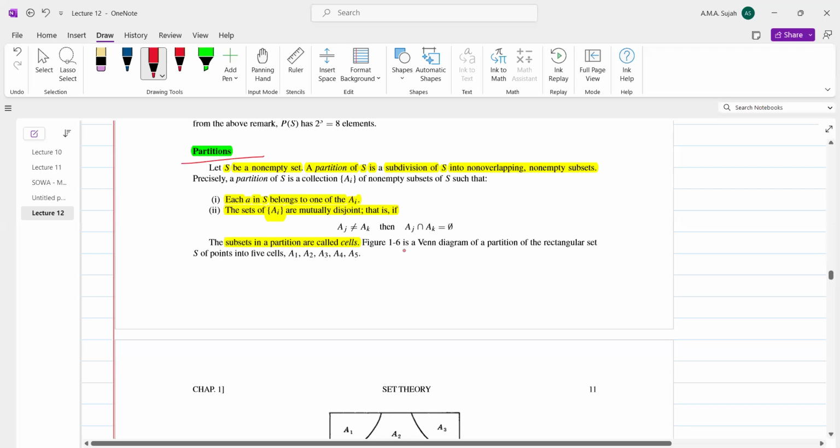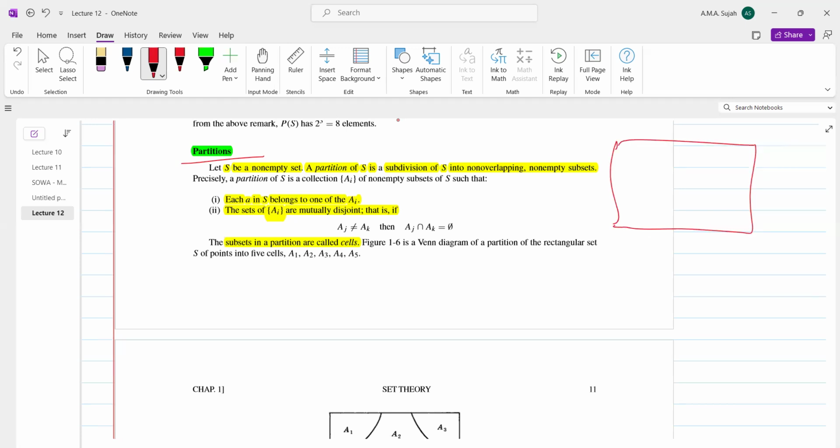So partitions means, just imagine you have a set, right? For that set, you are splitting it into n number of partitions. We can call this a partition. There is a set S. We are splitting that set into n number of partitions.